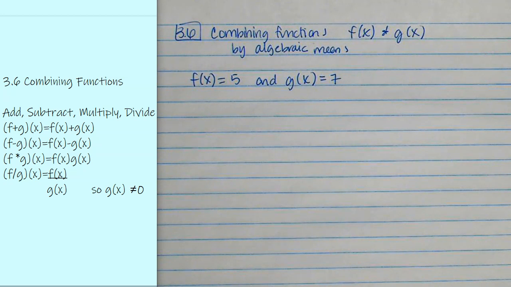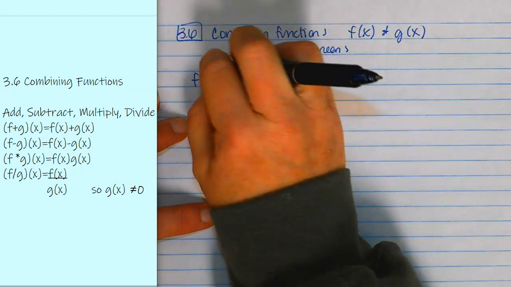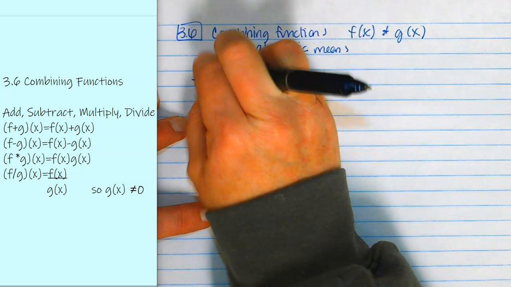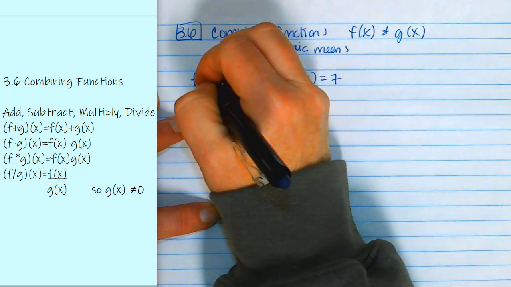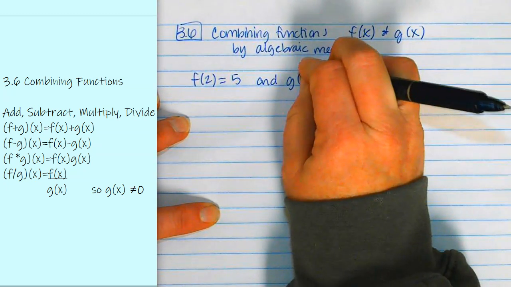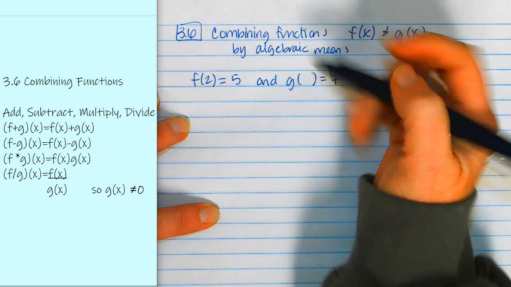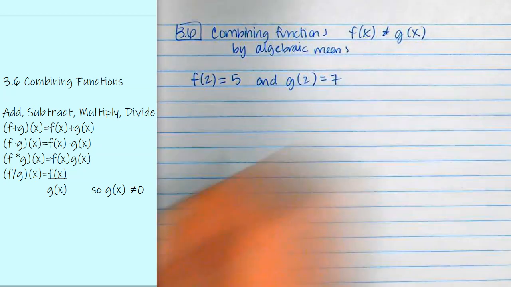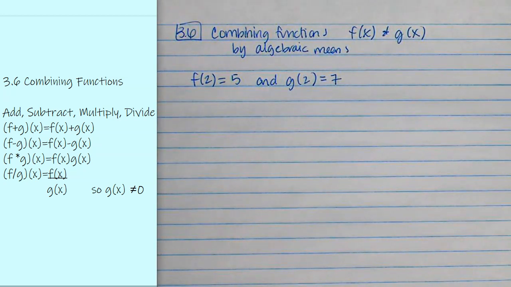They turn out to be 5 and 7. Let's even make it more specific. Let's say that f at a particular value, so f at 2 is 5 and g of 2 is 7. So what we're going to do is go through all 4 of these different scenarios. We're going to add them, subtract them, multiply them, and divide them.